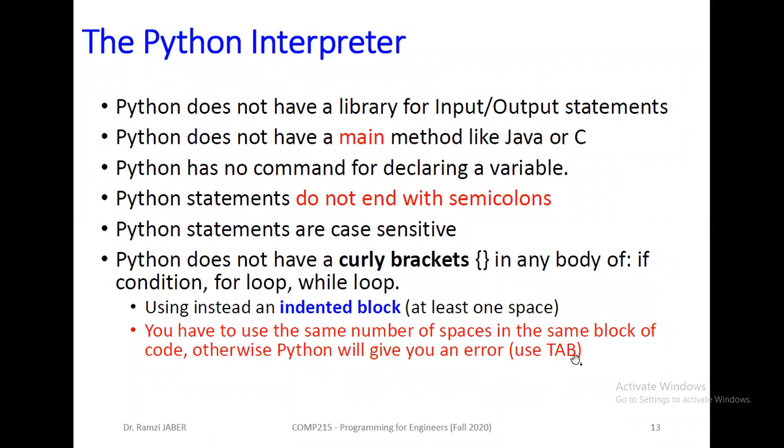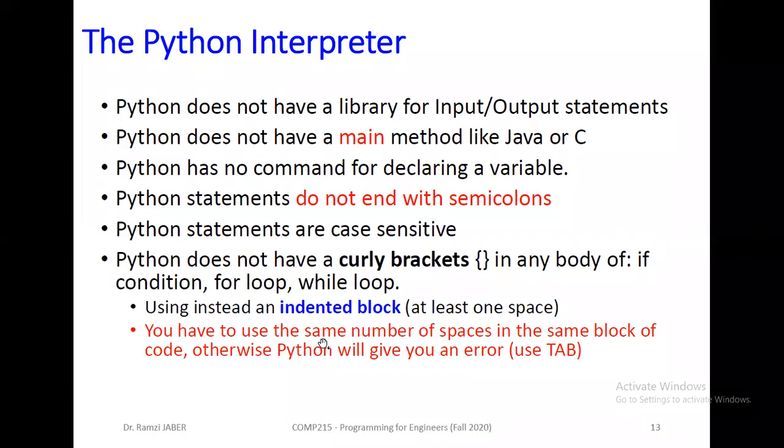I prefer to use tab. So I will repeat this again. If you write a for loop or while loop, and inside the body of the while loop you have 5 statements, these 5 statements must be aligned with the same space after while. We'll show you an example right now. In Python, we don't need to put brackets or braces.